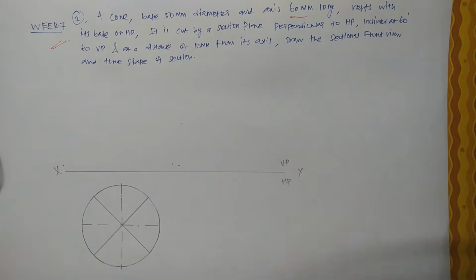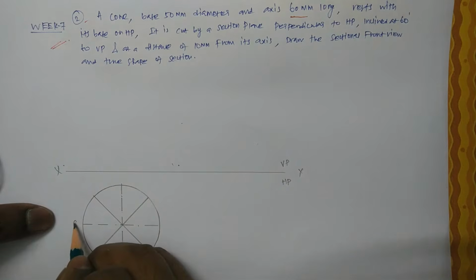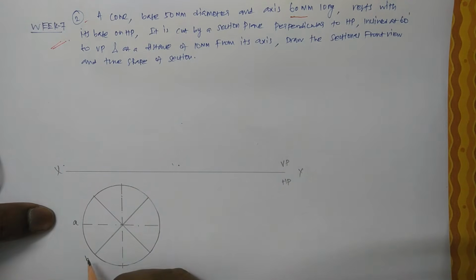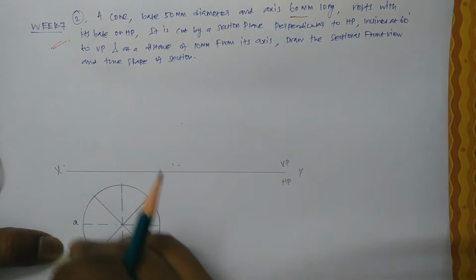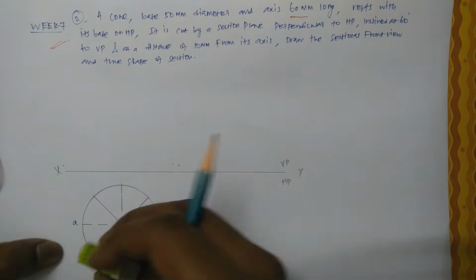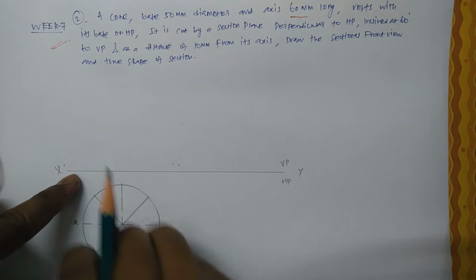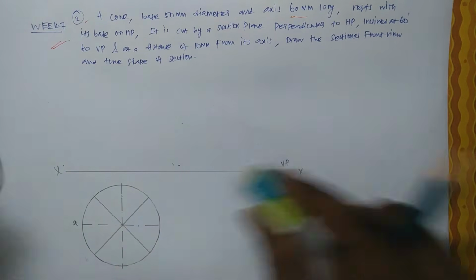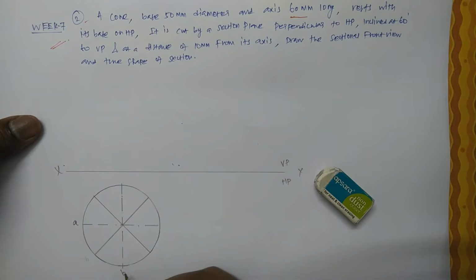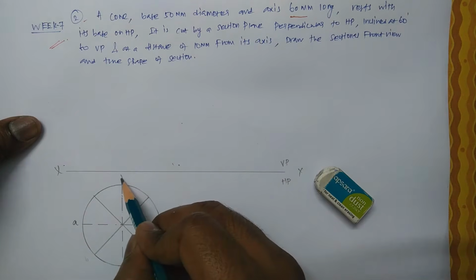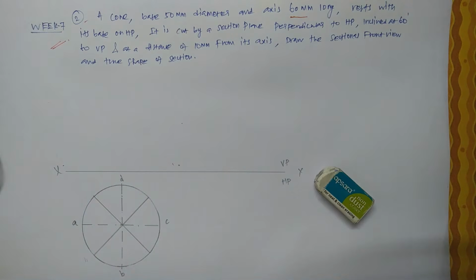Let us give the names for the circle: A, B, C and D. Naming all the points is not required, as many points may give you confusion.